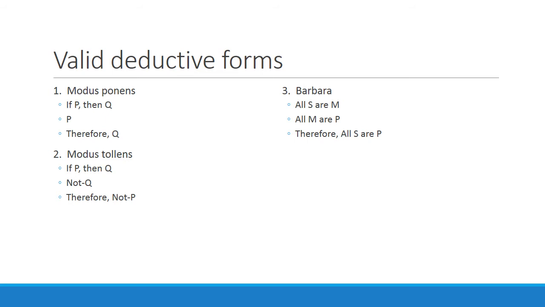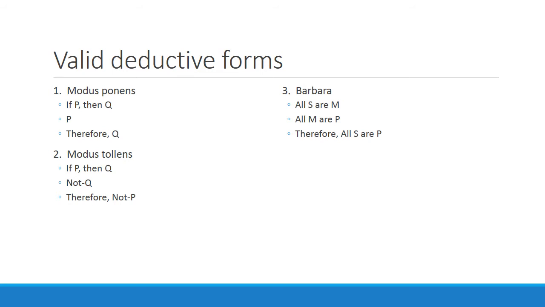Now notice that I have made one of these little fill-in-the-blank boxes labeled M. I chose that letter on purpose to indicate that this is the middle term, and that's the term that it's called by. The middle term links the other two, the subject and the predicate of the conclusion, and it must be there, and it must be in a particular relation for that link to work.